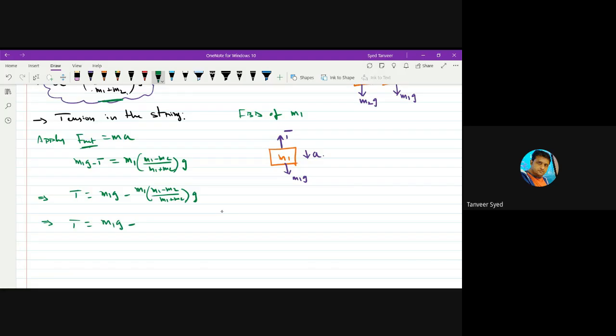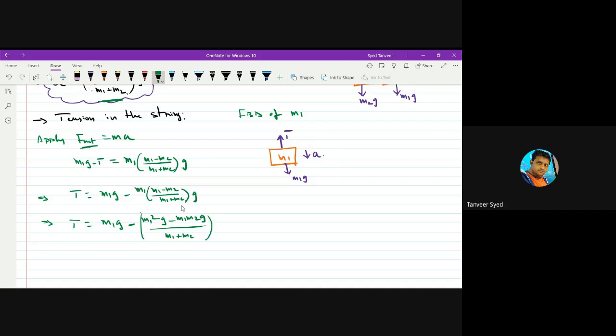M1G minus, open the brackets, you get M1 square minus M1 M2, or I'll take G also. M1 square G minus M1 M2 G by M1 plus M2.